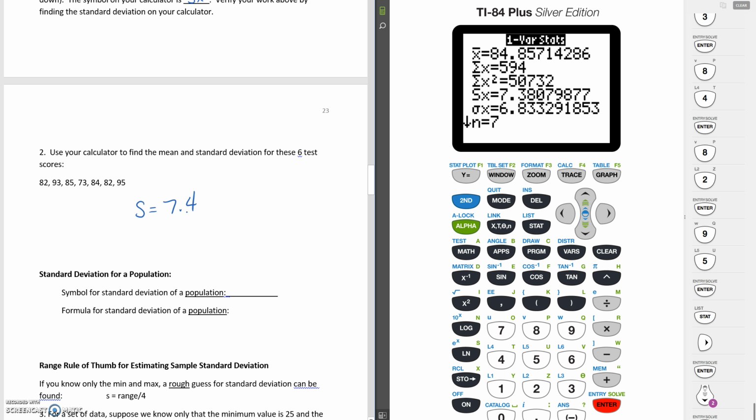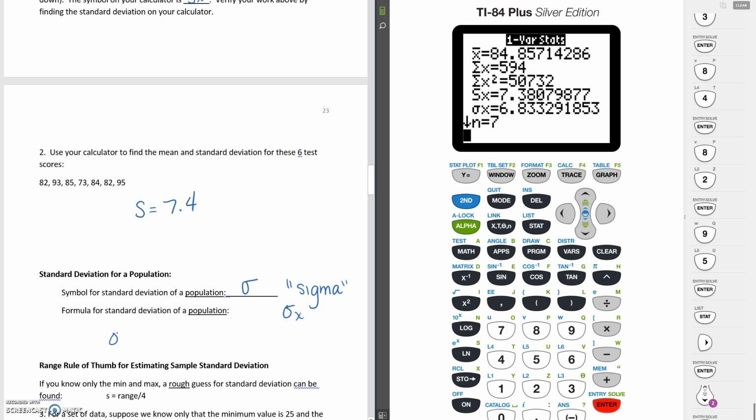Now we can also talk about the symbol for the standard deviation of a whole population. This hardly ever happens, but you'll sometimes see the symbol; it looks like an O with a bar. This is a Greek sigma, a lowercase sigma. So on the calculator, it's sigma x.